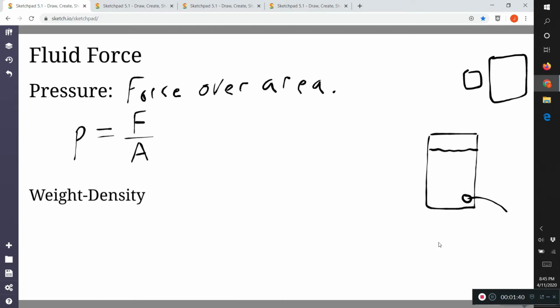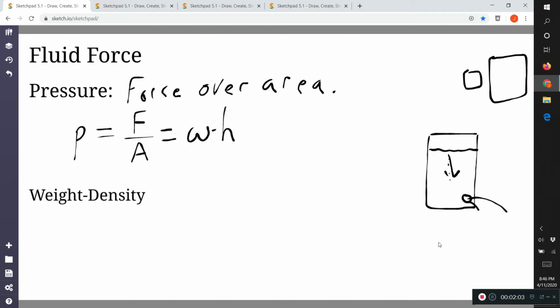But as the water gets lower, the stream gets shorter, with less force, with less pressure. So there's another formula that is equivalent: weight density times height. You can look at it just as the weight density of the liquid times the height of the liquid.